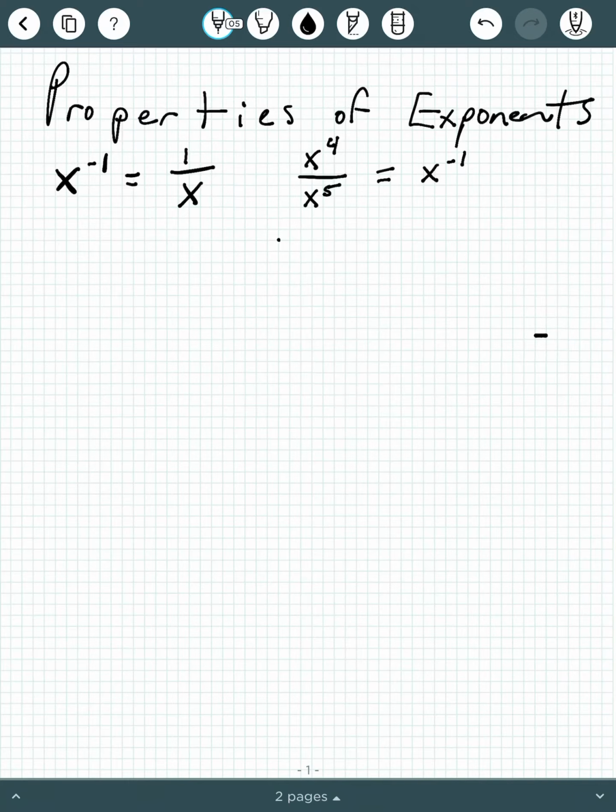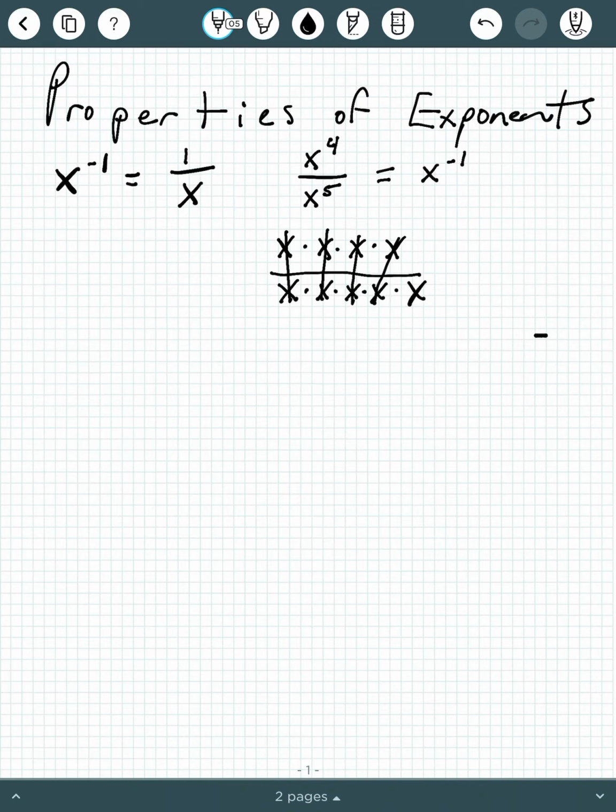However, if we take that same idea and we expand x to the fourth to be x times x times x times x, and then we do x to the fifth in the same way, we can start dividing out or canceling out any x that matches up with 1 in the numerator and denominator, because that's just a 1 when it divides.